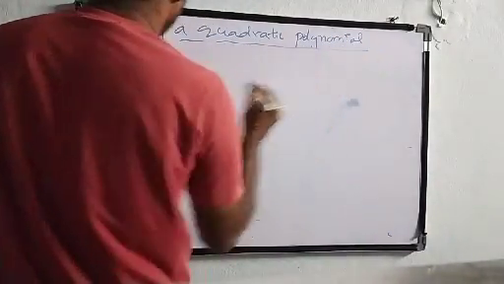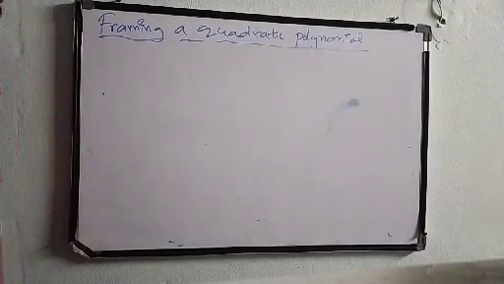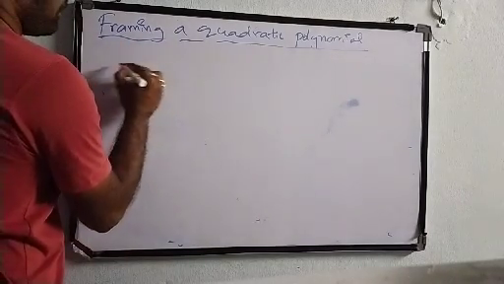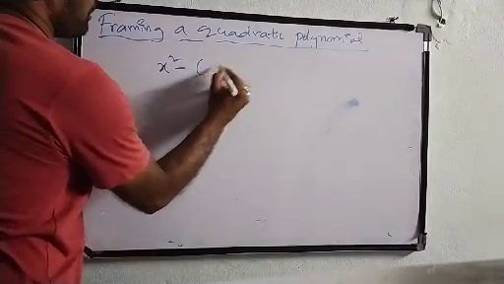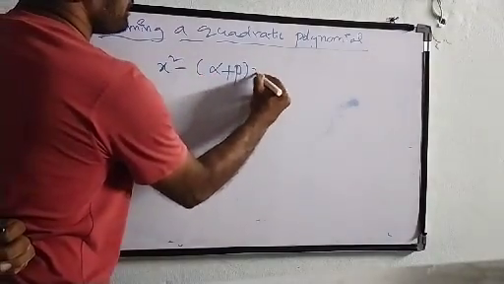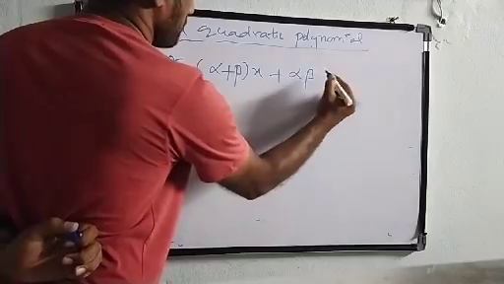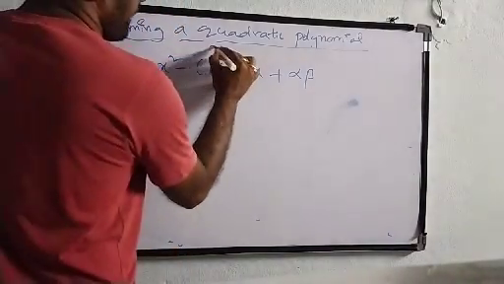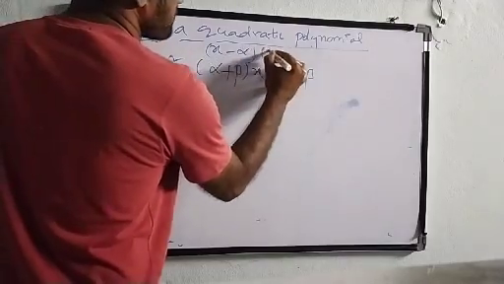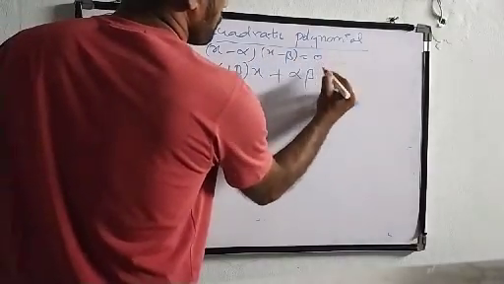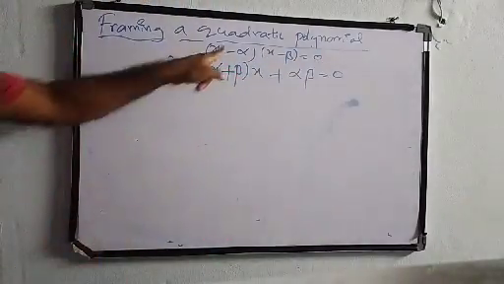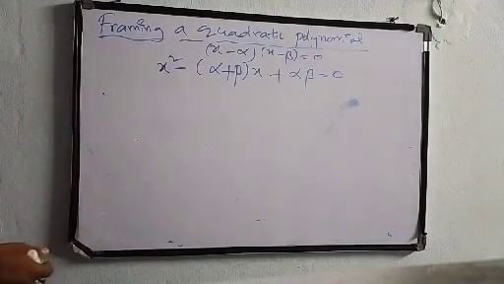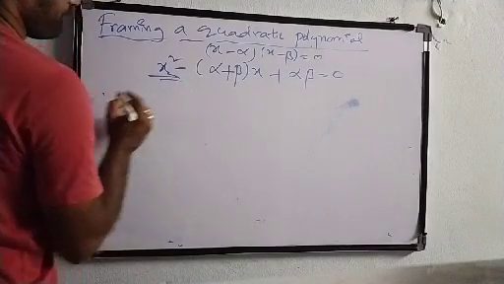While framing a quadratic polynomial, we have the formula x square minus (alpha plus beta) into x plus alpha beta. Or else we can do it like this also. We can write (x minus alpha) into (x minus beta) equals 0. If I expand this, I will get x square minus (alpha plus beta) into x plus alpha into beta. So better to remember this.